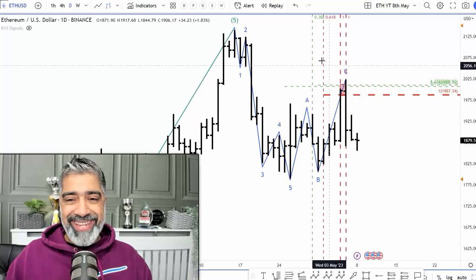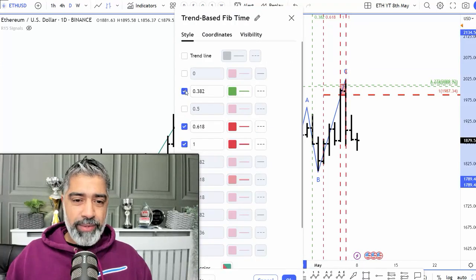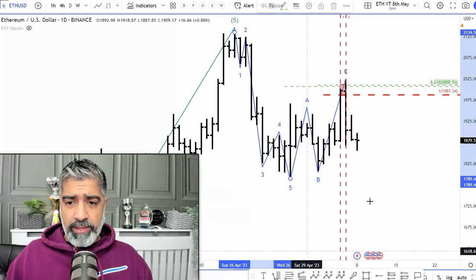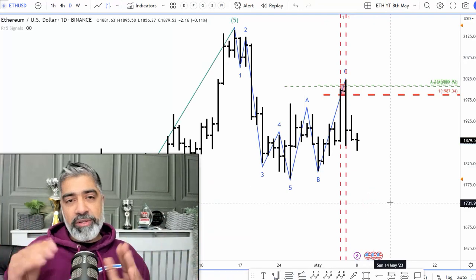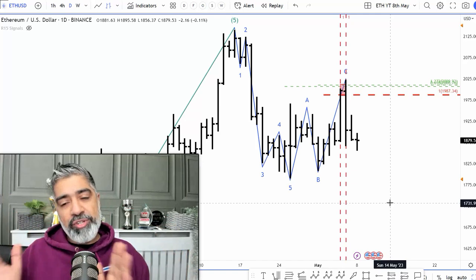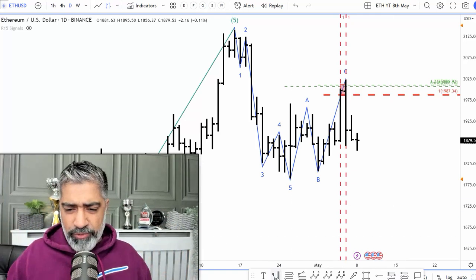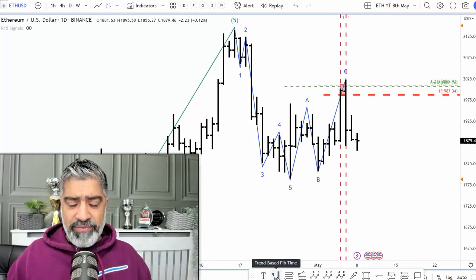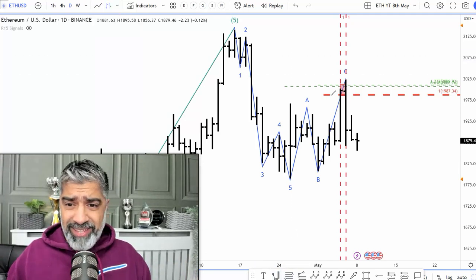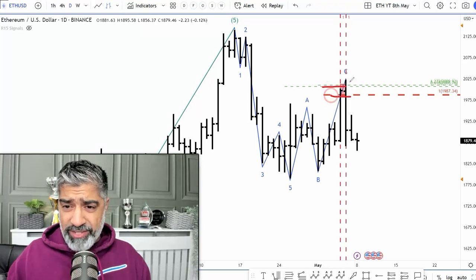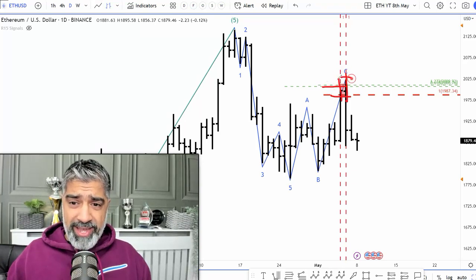It will indicate to us where it's likely to end, right? Because it's almost like a confirmation, the 100% alternate time projection. What do they call it in TradingView? TradingView calls it trend-based fib time. Trend-based fib time, you can see it's a very tight zone where we've got a tight price zone, a tight time zone, and it literally responded in kind on that day.